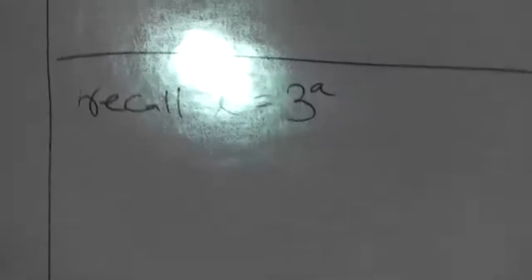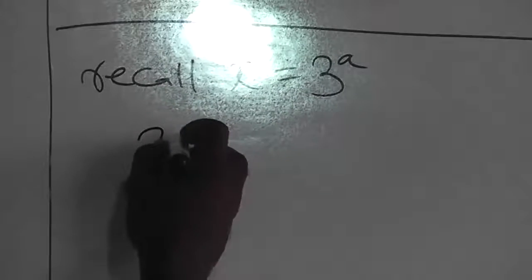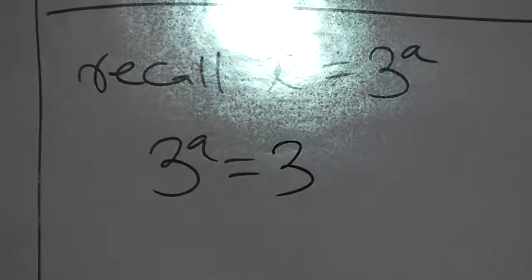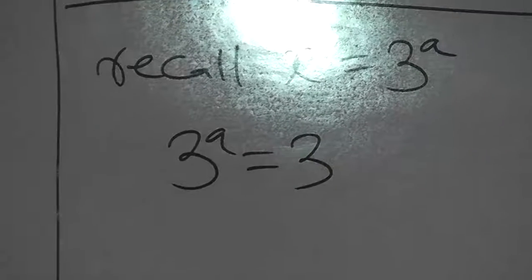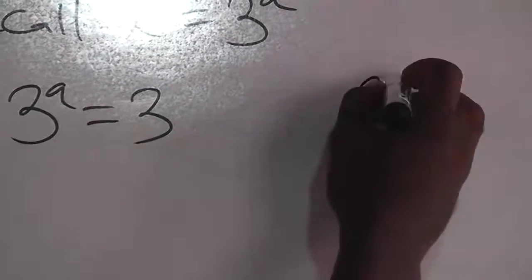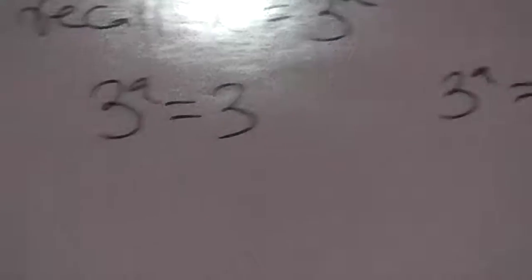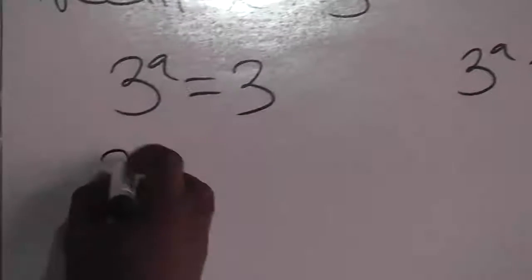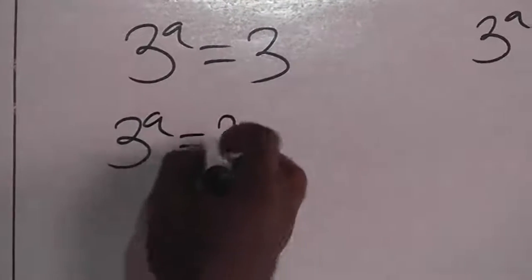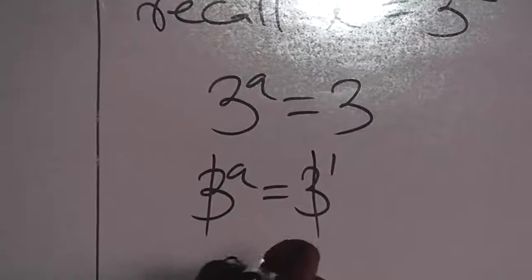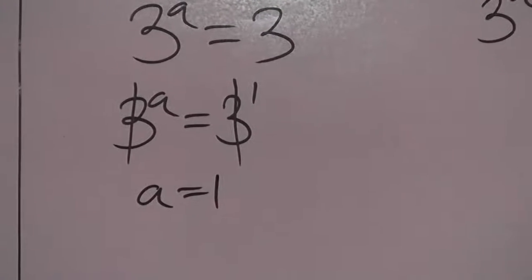So that means our 3 raised to the power a is equal to 3 here, or our 3 raised to the power a is equal to 1 over 3. So this is equivalent to 3 raised to the power 1. The bases are equal, you cancel them. a is equal to 1.